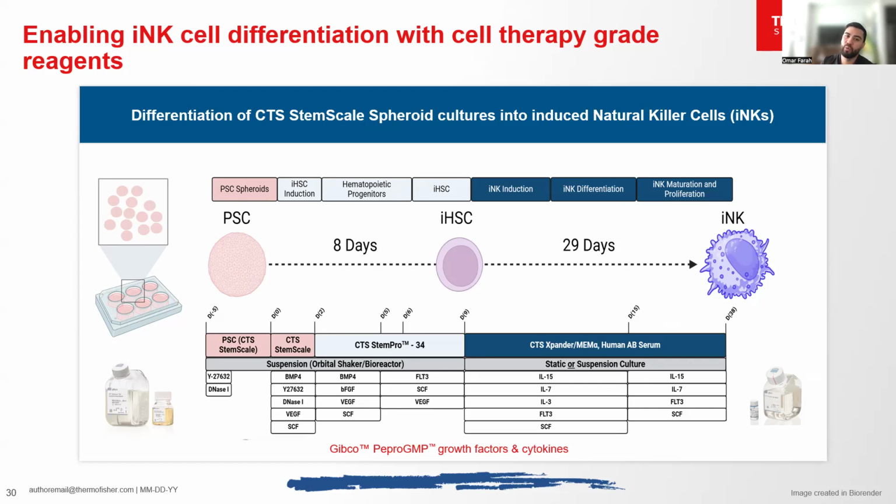We have to be really careful with what reagents we use, with what growth factors we use when we are working in settings where the cells that we're working with are going to end up either by the bedside or in clinical manufacturing, right? So just keep that in mind there.